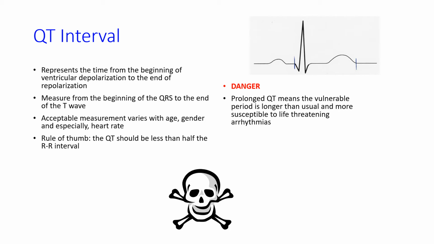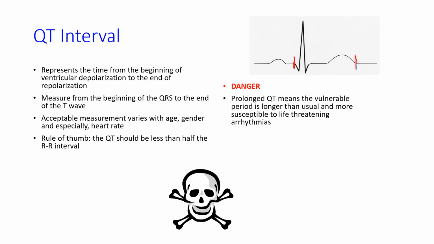But when you're measuring your QT, you're measuring the time when the ventricles begin their depolarization towards when they're done with repolarization. So you would measure from the beginning of your QRS to where the T comes back to the isoelectric line. Normally your QT interval is less than half the distance of R to R, and what you will find is that it can vary according to age or gender, and especially heart rate.